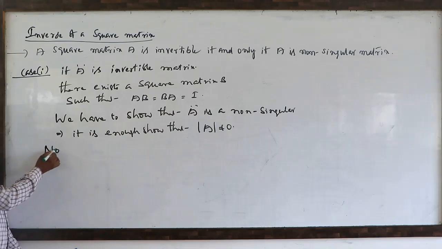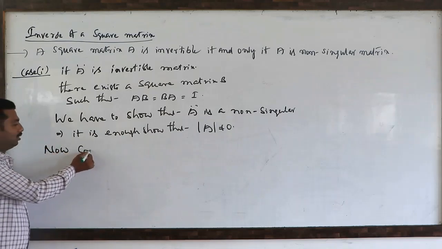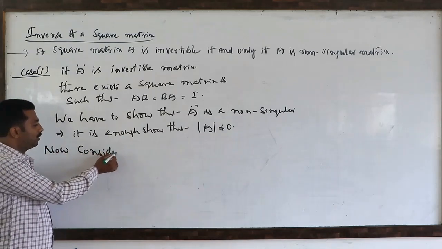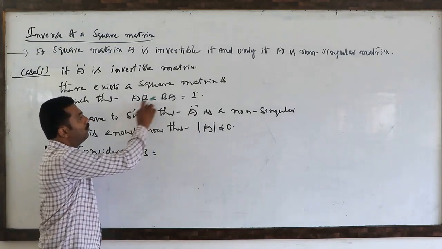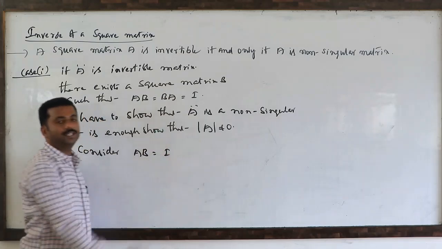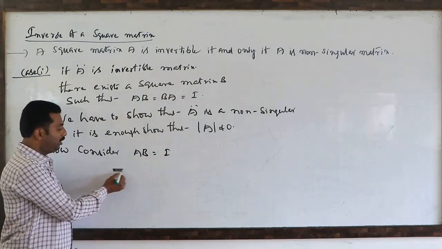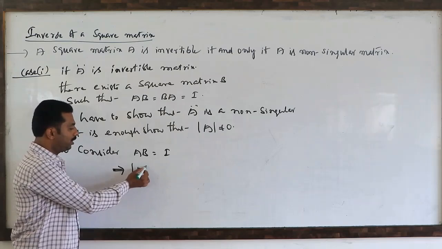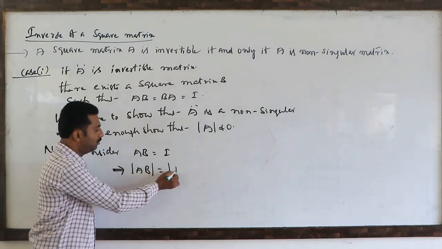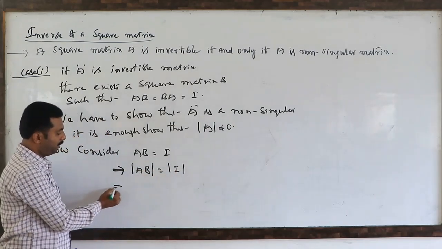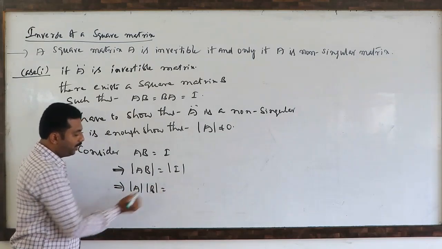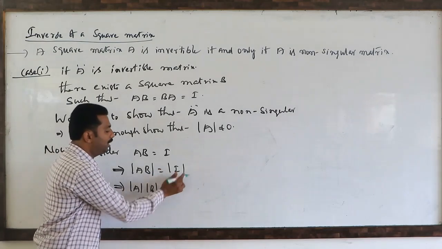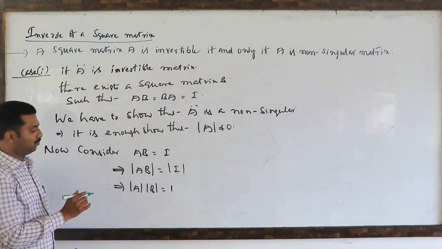Now we are just considering AB equal to identity matrix. Taking determinant on both the sides, determinant of AB equal to determinant of I. Determinant of AB means determinant of A into determinant of B. Determinant of identity matrix is always 1.